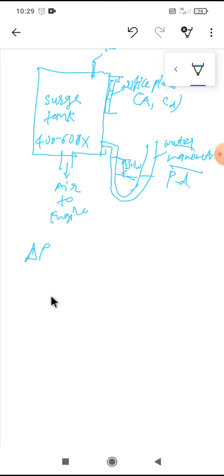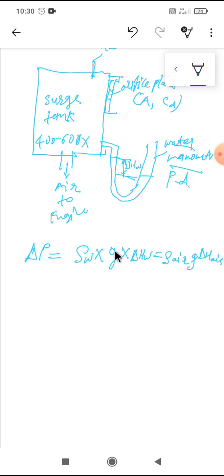So we are taking pressure equal to rho of water into g, and h is delta HW, which will be equal to rho of air into g into delta H of air.